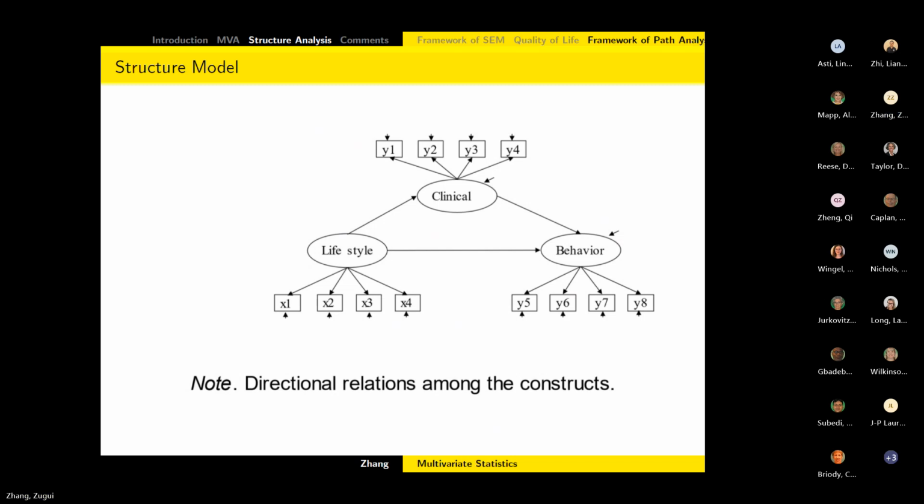So in our healthcare, we could have clinical outcomes, like SBP, DBP. We have behavior outcomes. And also we could have lifestyle as independent variables. So we could build up this direct relationship among the constructs.